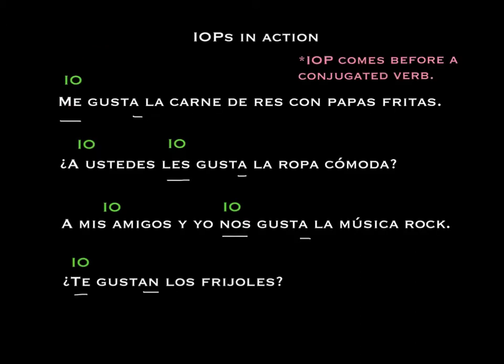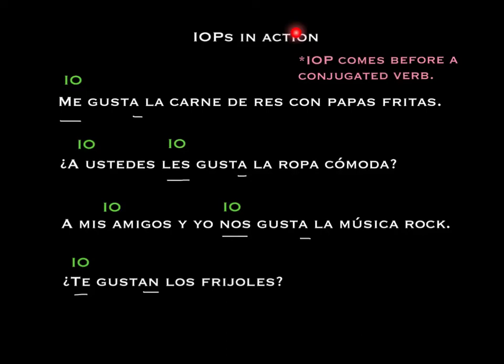So let's look at some indirect object pronouns in action, some actual Spanish sentences here where we'll use an indirect object pronoun. Now, one very important thing to note before we get into these sentences is that the indirect object pronoun comes before a conjugated verb. So if you're ever not sure, where do I put this indirect object pronoun?